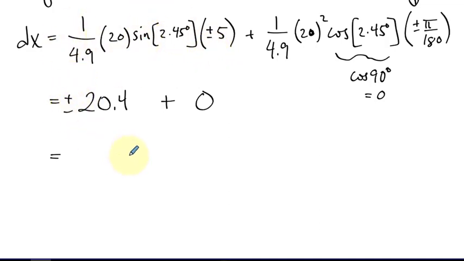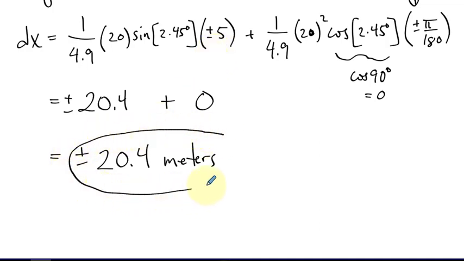I'm getting plus or minus 20 plus 0, so plus or minus 20.4 meters as the estimate of the differential in the range with plus or minus 5 meters per second differential in the velocity. So we could expect the range to go 20 meters further or less in range as a result of this change in the velocity.